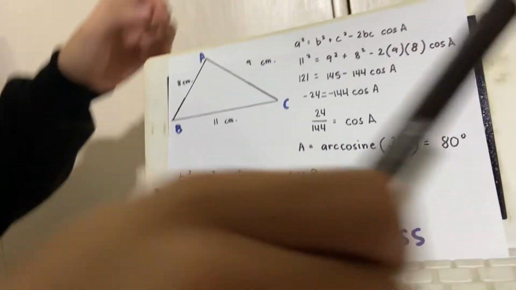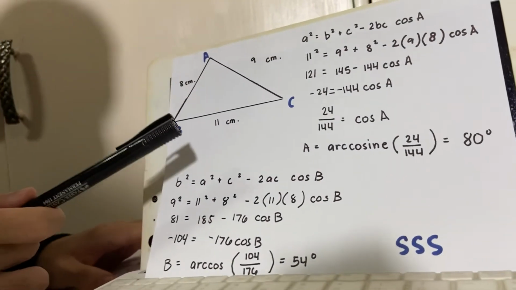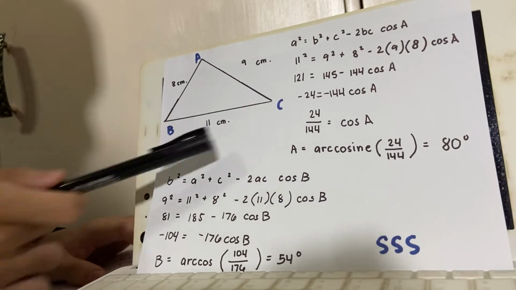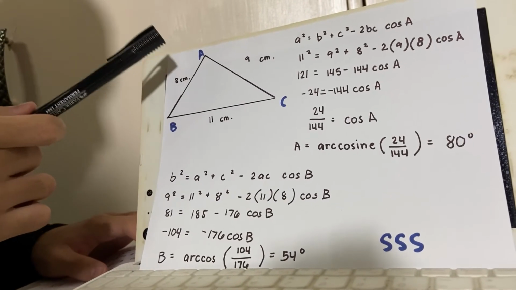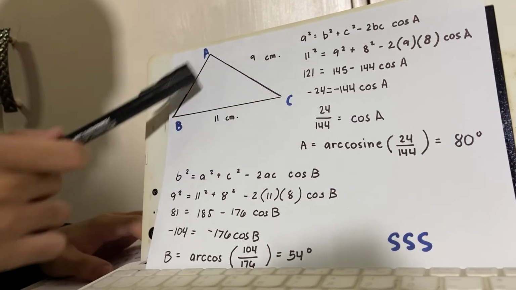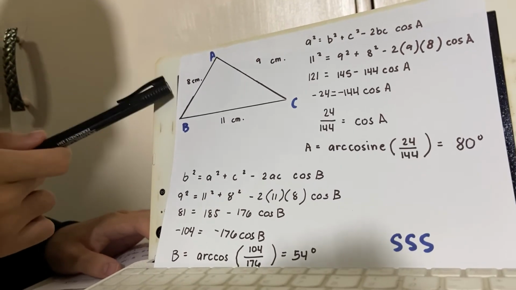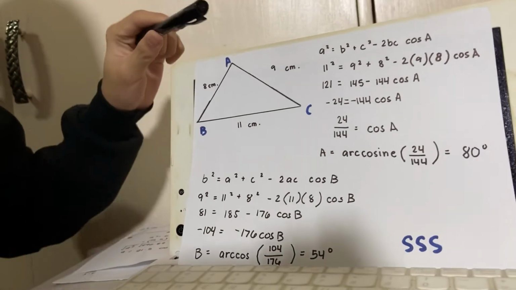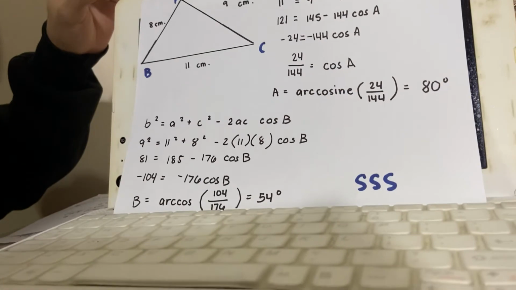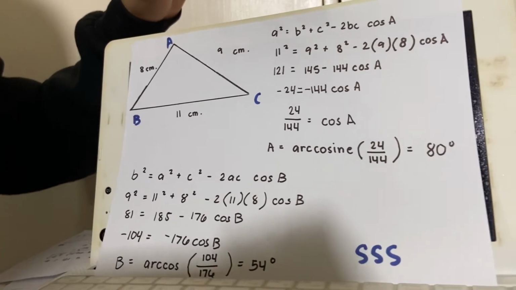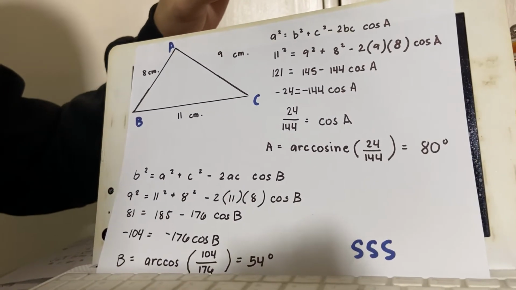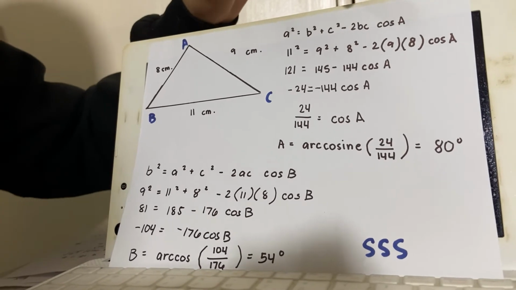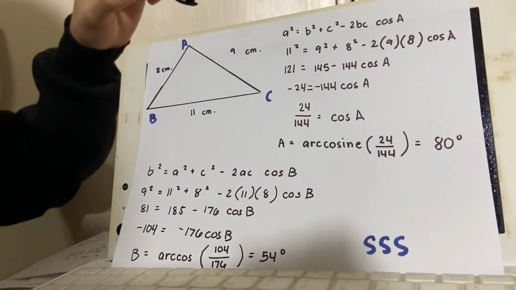Given this triangle ABC, you're given all the sides. The side opposite A, 11, opposite B, 9, opposite C, 8. So we'll be first solving for the angle of A. So A squared equals B squared plus C squared minus 2BC times cosine A. Substitute everything.